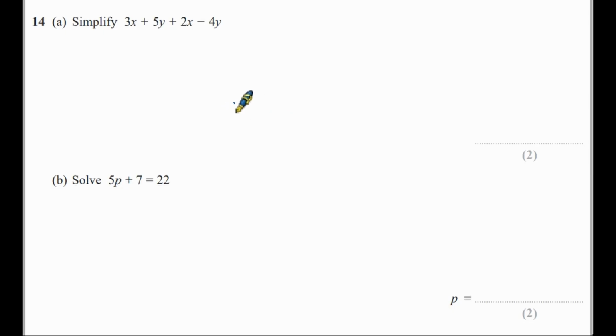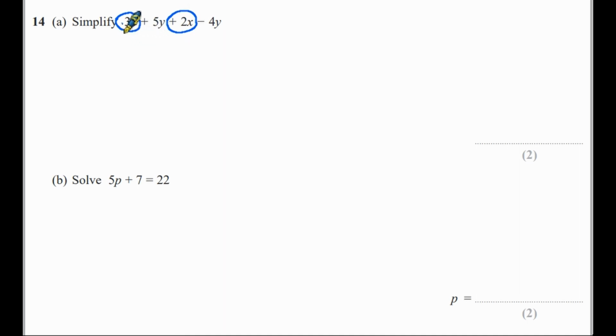Question 14 is our first dip into algebra for this paper, and part A says simplify 3x plus 5y plus 2x minus 4y. We are collecting like terms. So first of all, let's look at the x's. We have a 3x, which is a positive, and we have plus 2x.